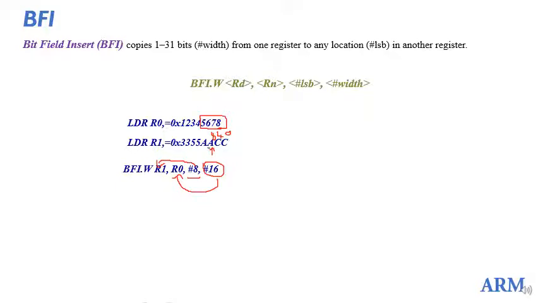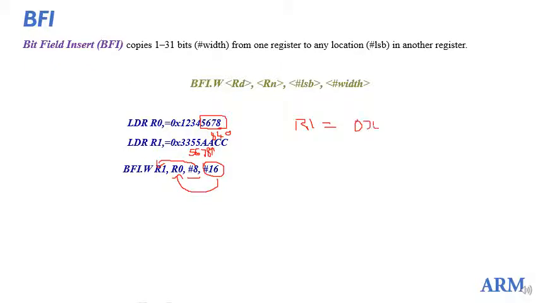So I'll just try to write here. So this will be 8, this will be 7, this will be 6 and this will be 5. So I will try to write the resultant number. So R1 will be equal to 0x.